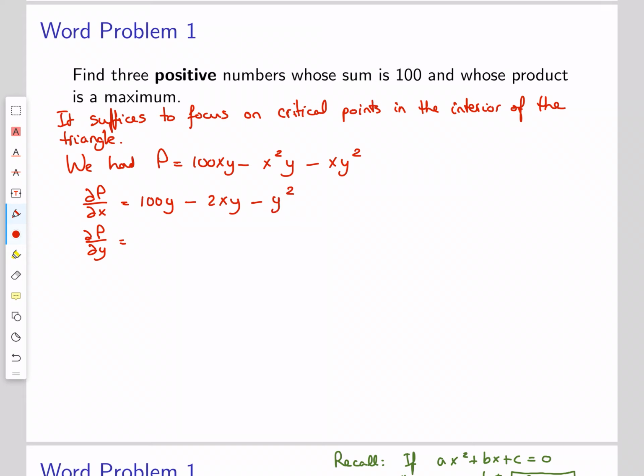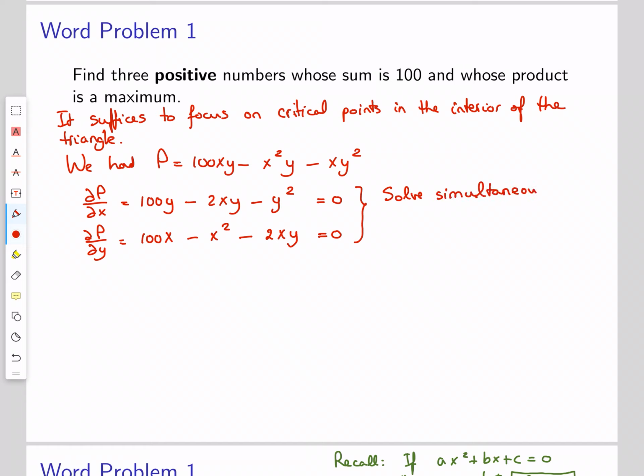The partial of p with respect to y is 100x minus x squared, and then from the last term I'm going to get a 2xy. And both of those partial derivatives have to equal 0 simultaneously. So we need to solve simultaneously.